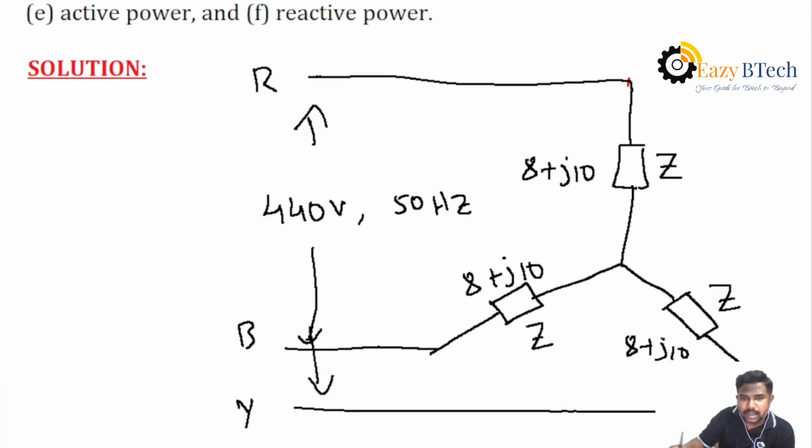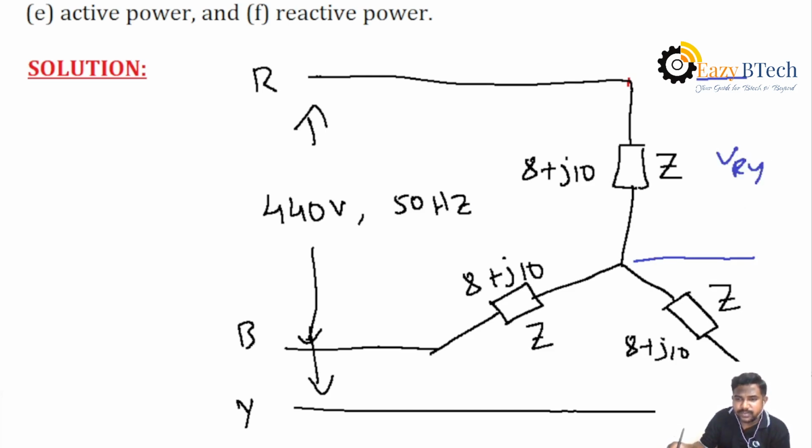In star connected system, what is the phase voltage here? VR is the phase voltage, or what is the line voltage? VRY between the phases. Okay. Here in star, the voltage between R and Y, that is VRY.